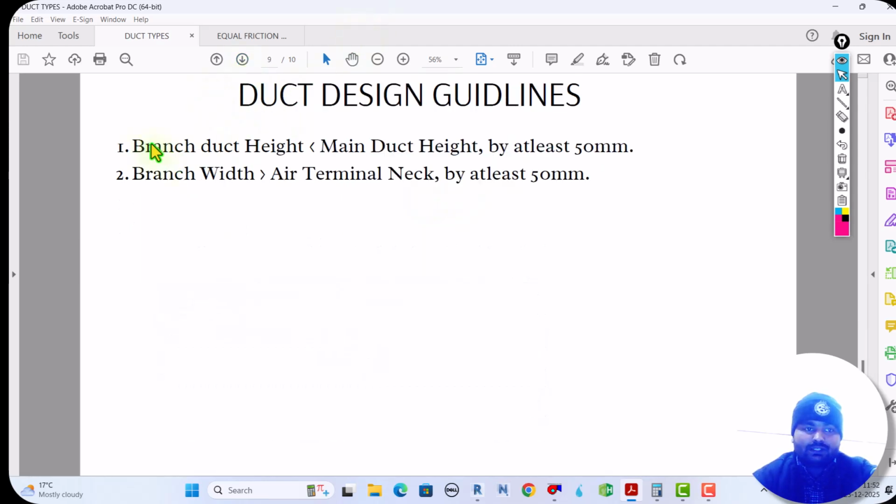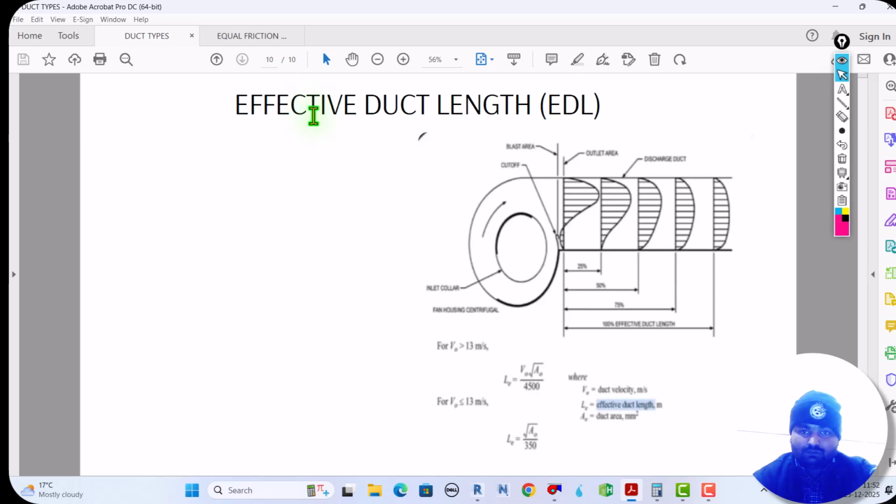Okay, I already explained this one. Branch duct height should be less than main duct, at least 50 mm. Okay, and branch width should be greater than air terminal neck by at least 50 mm. So keep this one in mind. This is the effective duct length.